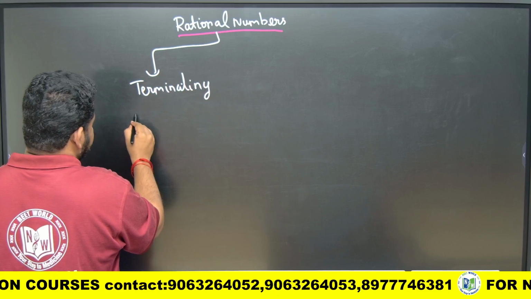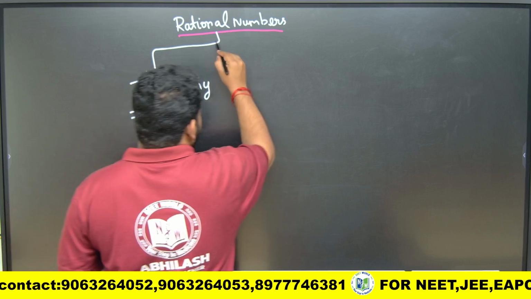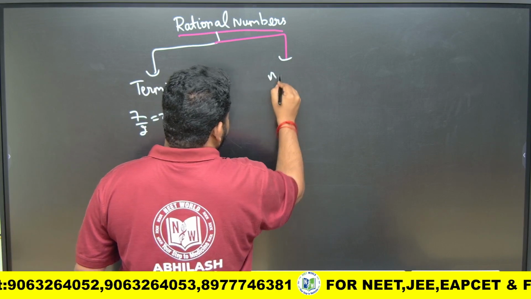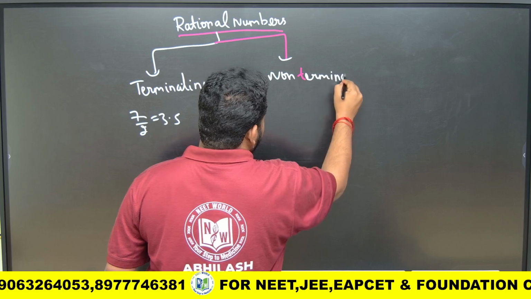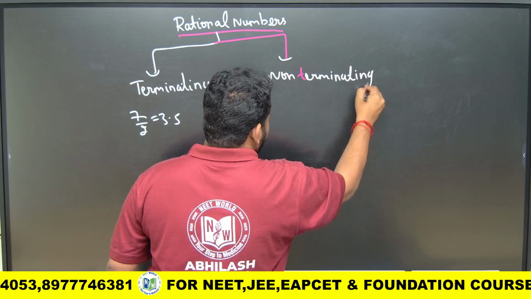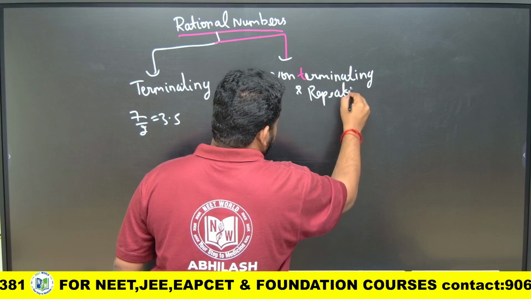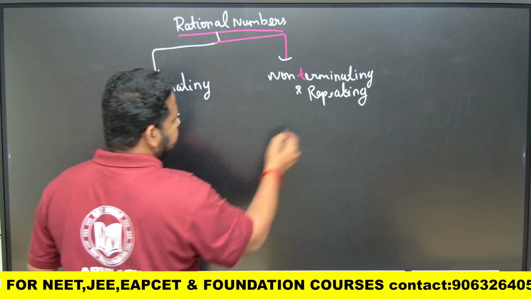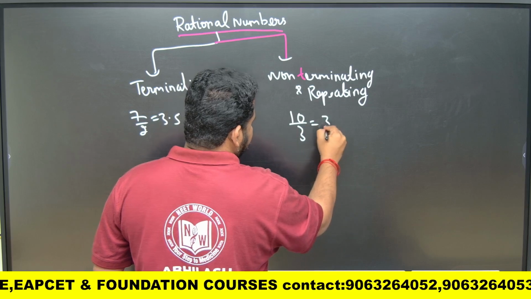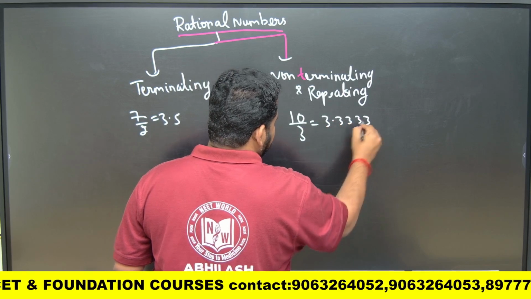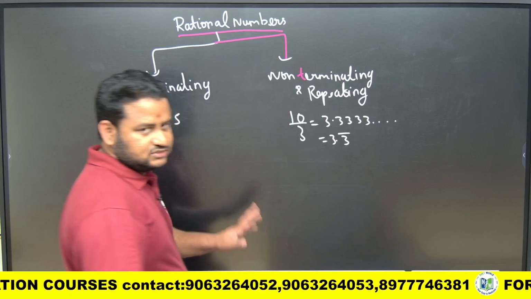We saw the example of 7 by 2, we got 3.5. Another thing is, they are non-terminating and repeating. For this example we took 10 by 3, we got 3.3333 going on like this, or we wrote it as 3.3 bar. Okay, this is what we learned.